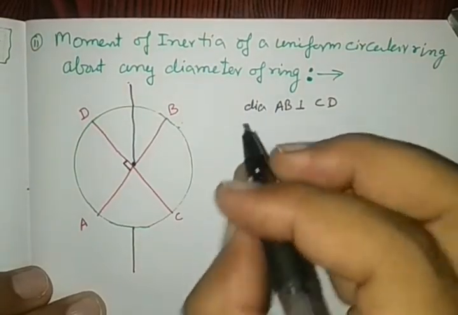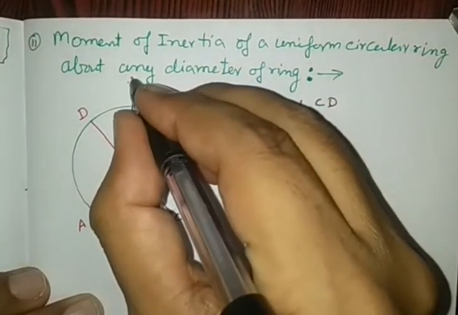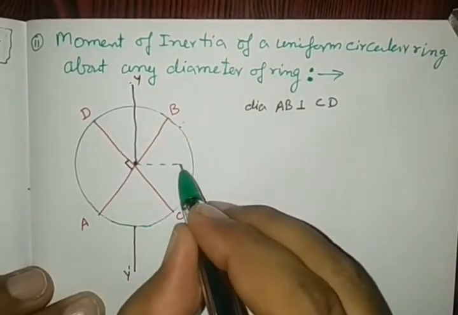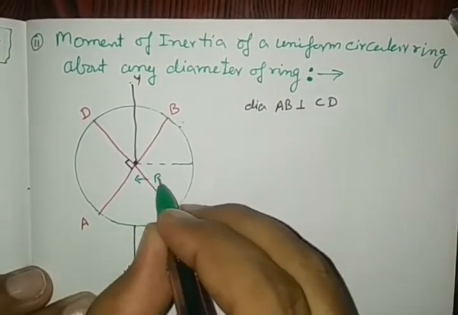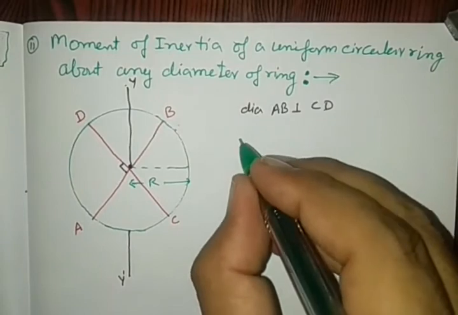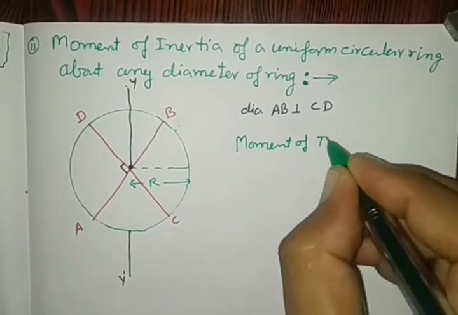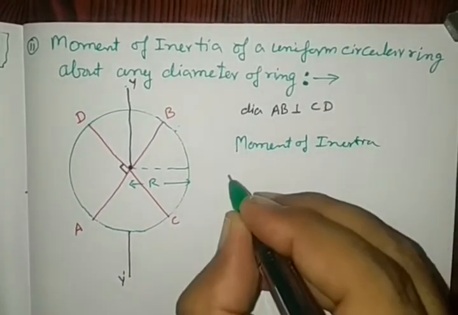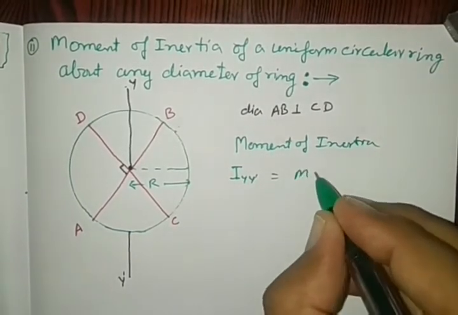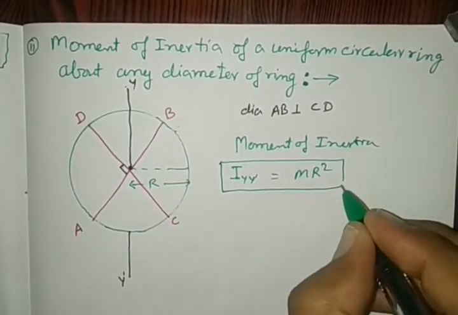Let the axis be y dash y. The radius is given as R, so the diameter is 2R. The moment of inertia I about y dash we have just obtained in the previous case, M R square, right?